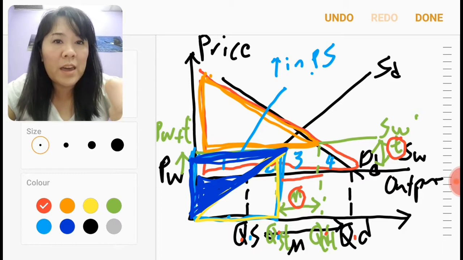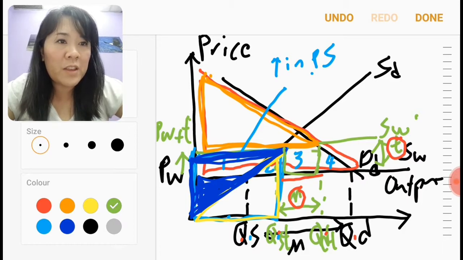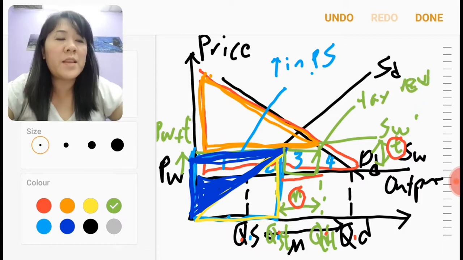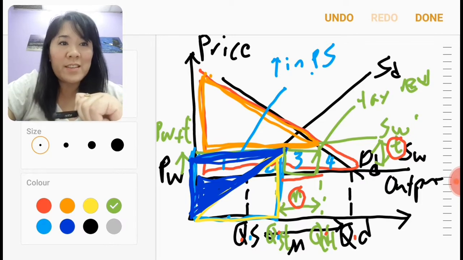So this whole area here would be the tax revenue to the government due to the imposition of the tariff.